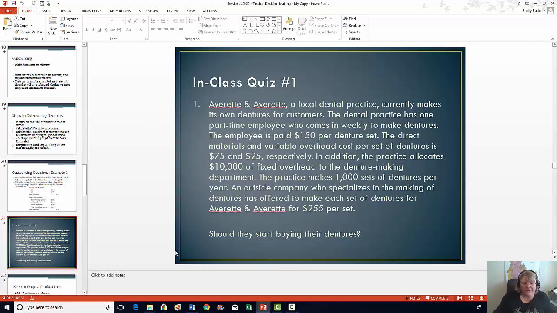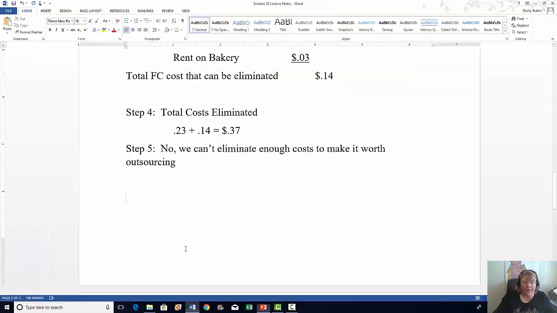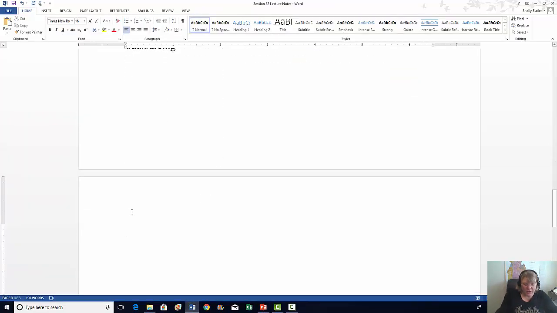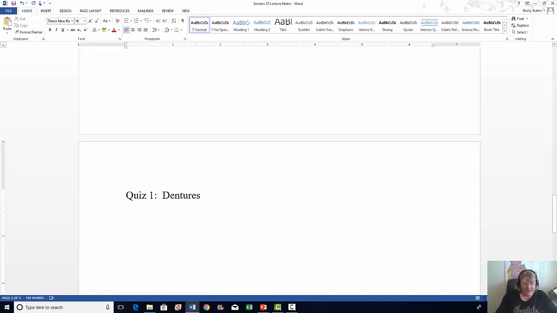Okay, so let's go back to this, and I'm just going to go down to the next page. We're going to say this is the quiz 1, and they're all quiz 1. So this is going to be dentures. Okay. So let's take a look at step 1. And the cost was $255.